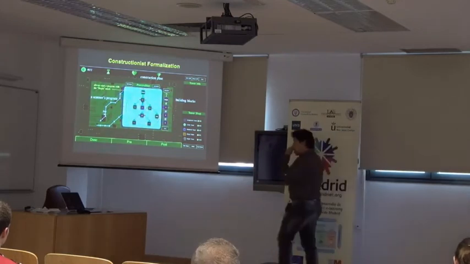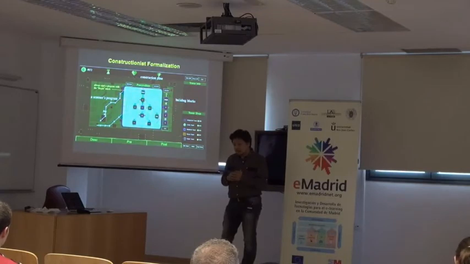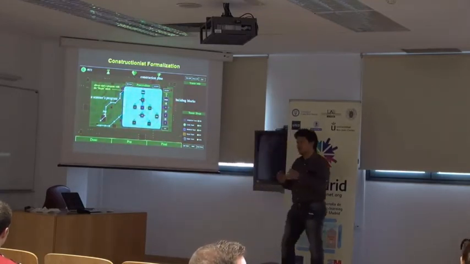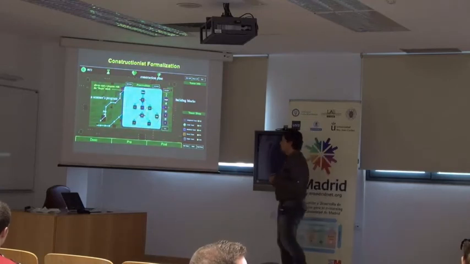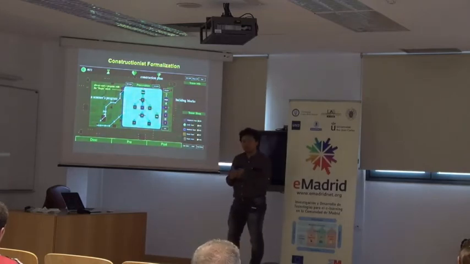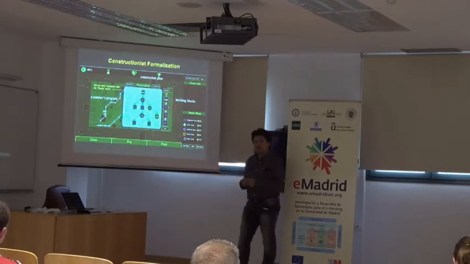Now, the idea of taking this workaround, well, not workaround, but not directly typing the formula, refers to the constructionist way of teaching. That says that people learn better if they can operationalize what they learn.